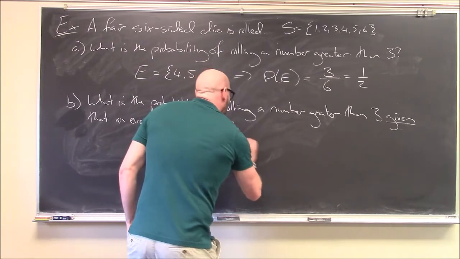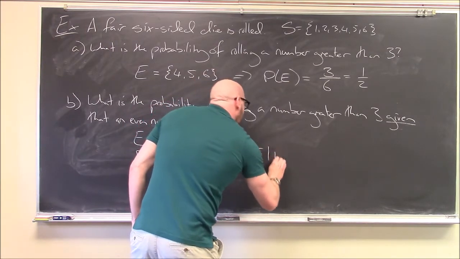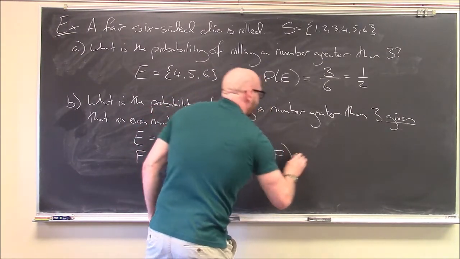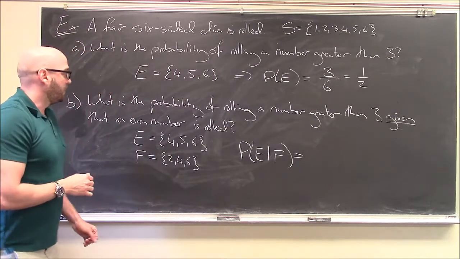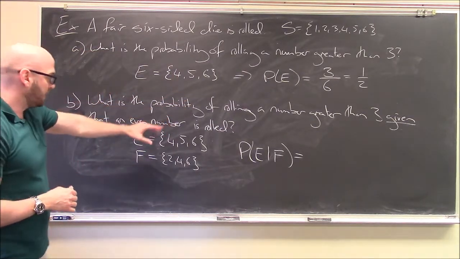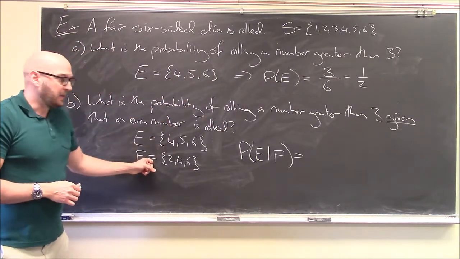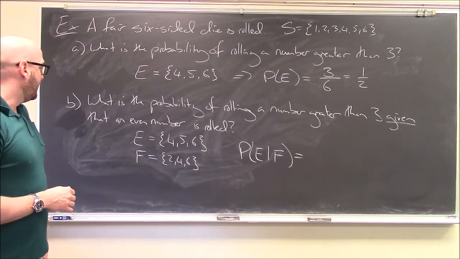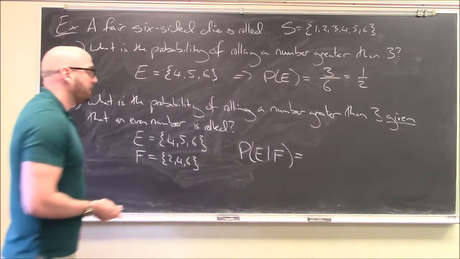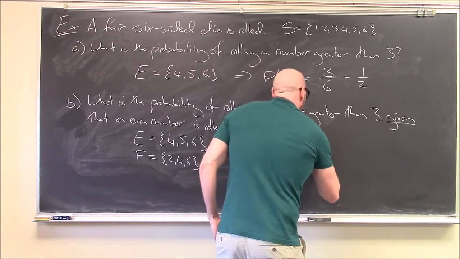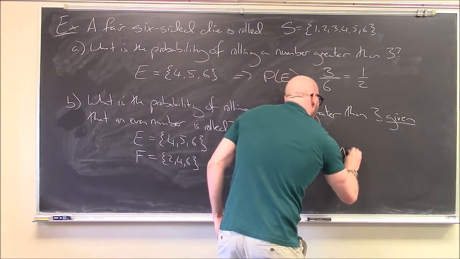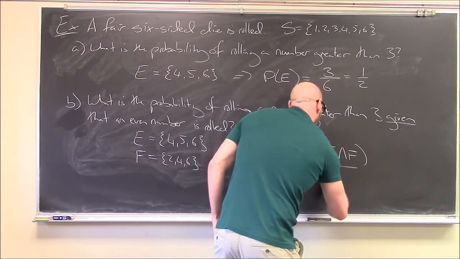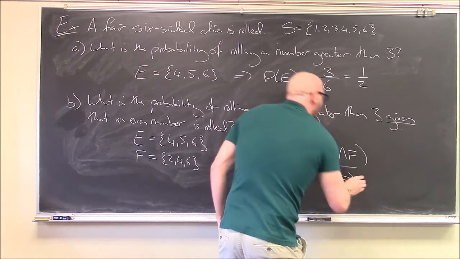So this is asking, what's the probability of event E given event F? Right, this is what I want to know. What's the probability of rolling a number greater than 3 given that F actually happens? Given that an even number is rolled. So we'll use our formula. This is the probability of E and F over the probability of F.